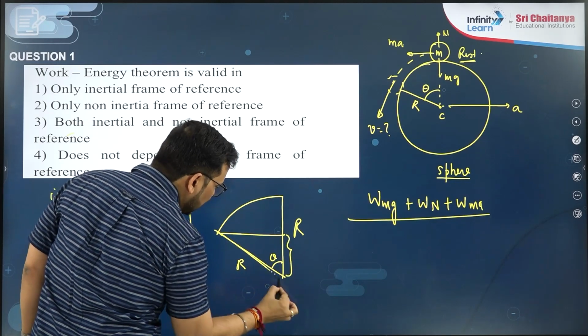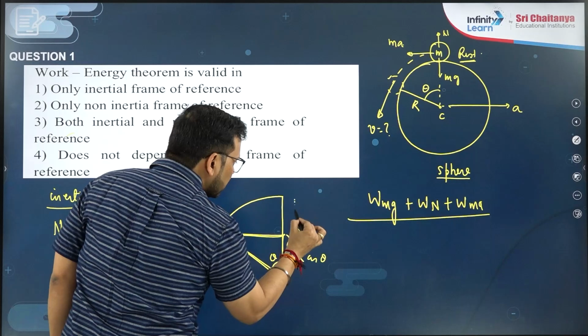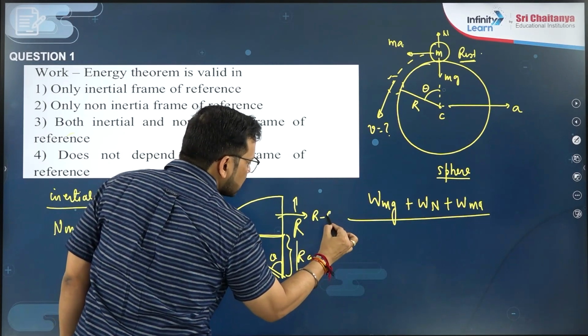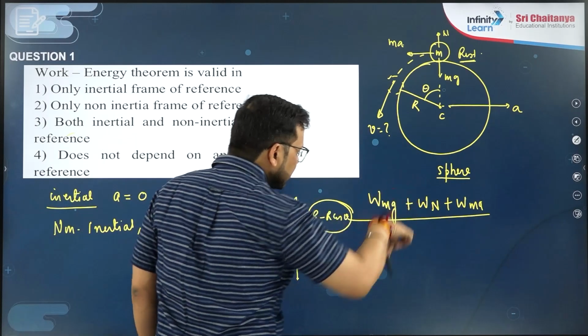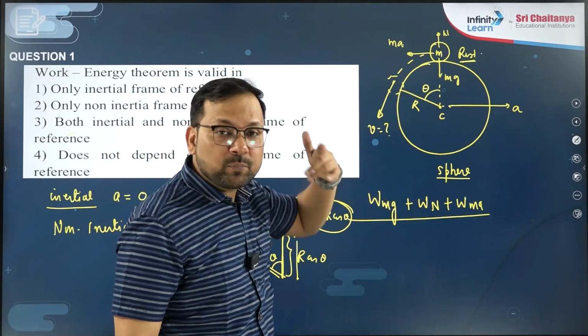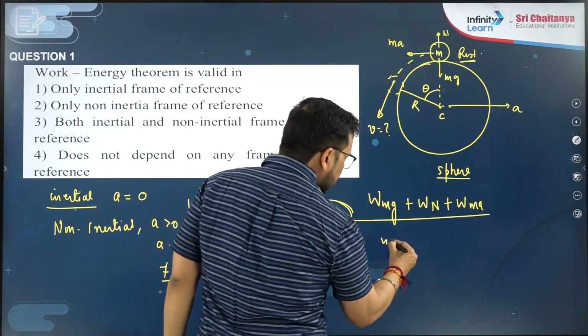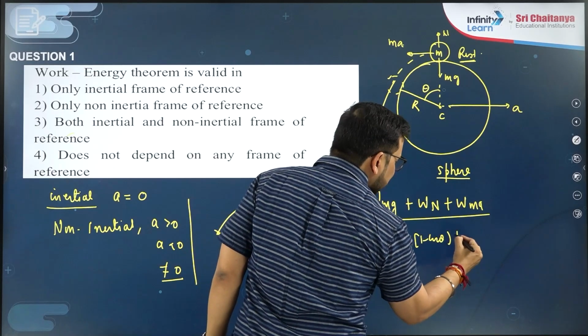From this triangle, the base will be r cos theta. Total radius was r, so the vertical displacement is r minus r cos theta. Gravity is down, motion is also down, so it is positive work, force and displacement in the same direction. I will write it as mg r (1 minus cos theta). Normal work here will be 0.